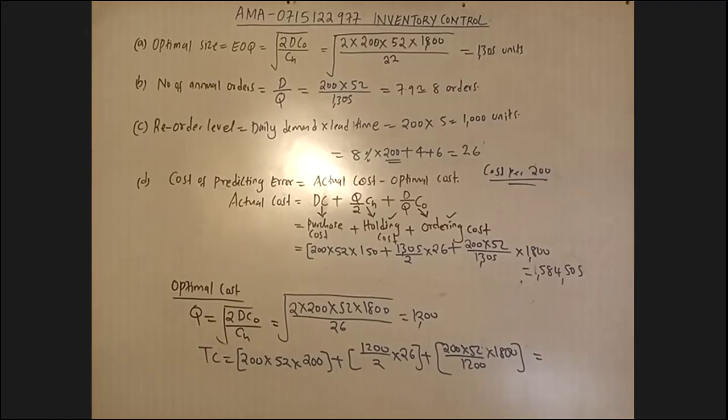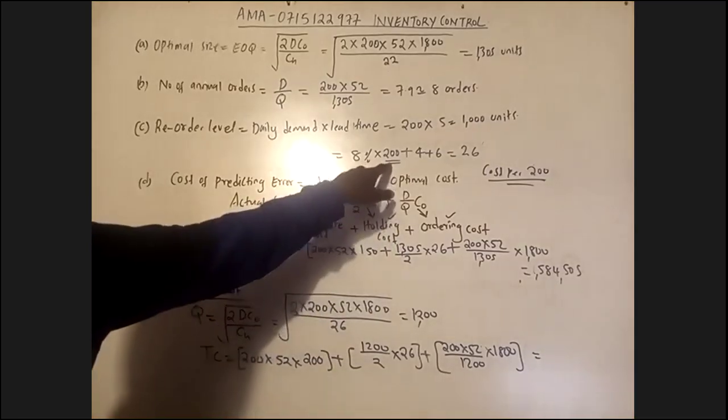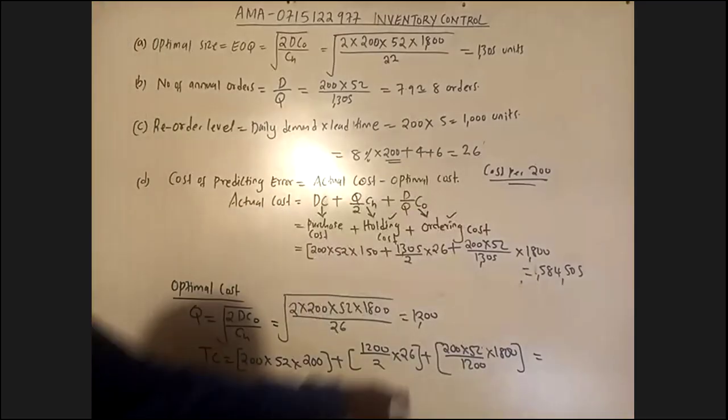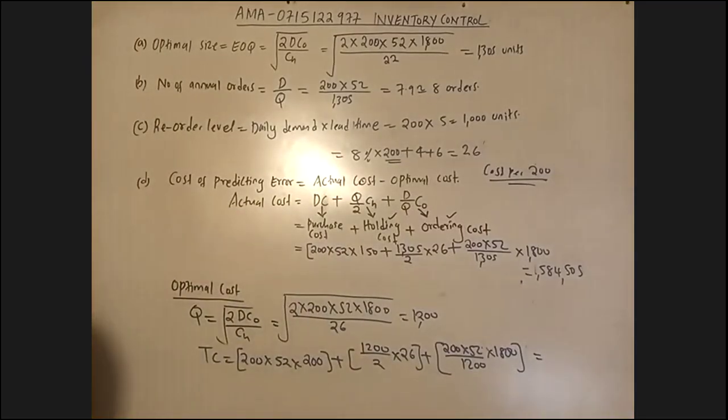That one will be equal to 200. And then 26 is this. Okay, let us see, there will be 200 demand. That is the cost. How much do you get in total?